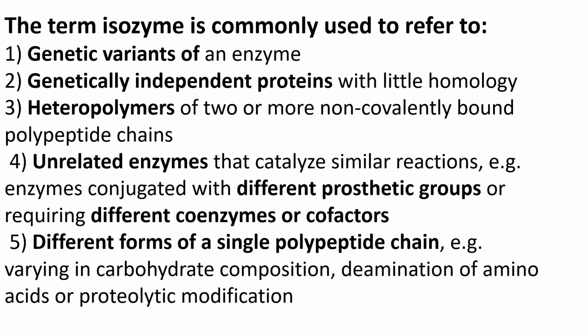So here they are hetero, like if you recall heteropolysaccharides. They are polymers of different types of sugars and sugar acids. Similar is the case here: the polypeptide chains are different in structure because they have different genes, and they are unrelated because of the structural difference. Because they are heteropolymers, they are unrelated enzymes.